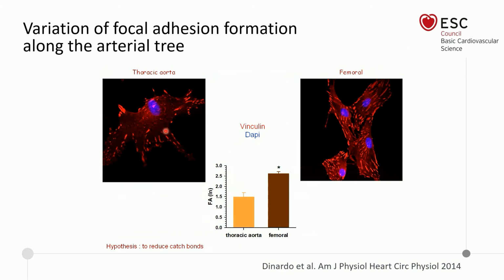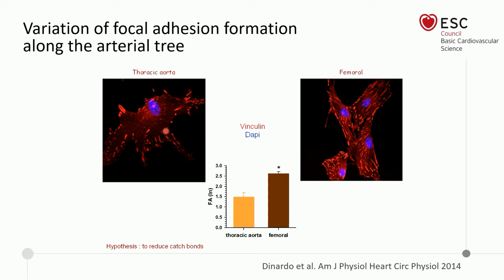In this slide, the focal adhesions are stained by vinculin. Vinculin is one of the most important molecules which compose focal adhesions. In vascular smooth muscle cells, we can see the red staining of vinculin at the level of the thoracic aorta, and in the femoral artery the size of focal adhesions is higher.